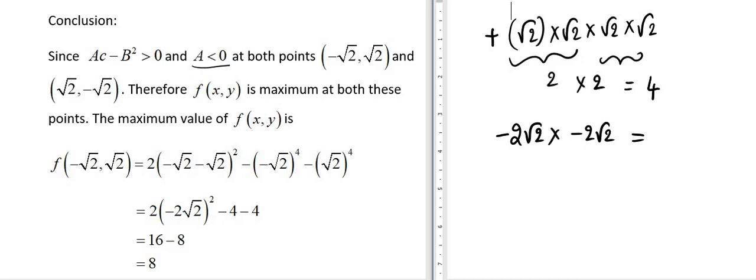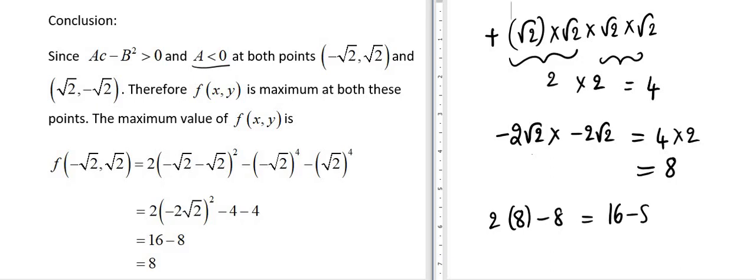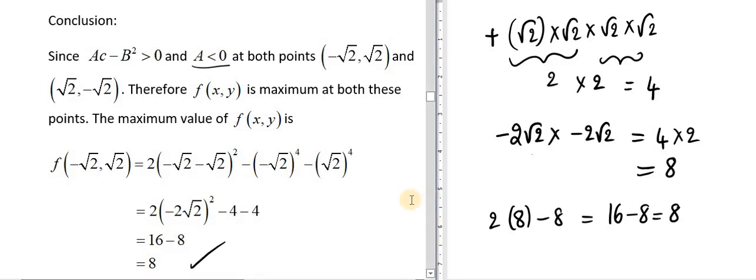Minus into minus, plus 2 2s are 4. Root 2 into root 2 is 2. So 8. So 2 into 8 minus 8. That means 16 minus 8, 8. This is the maximum value of f at these 2 points.